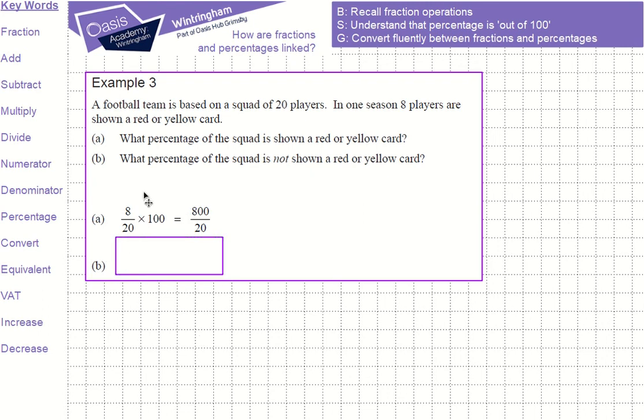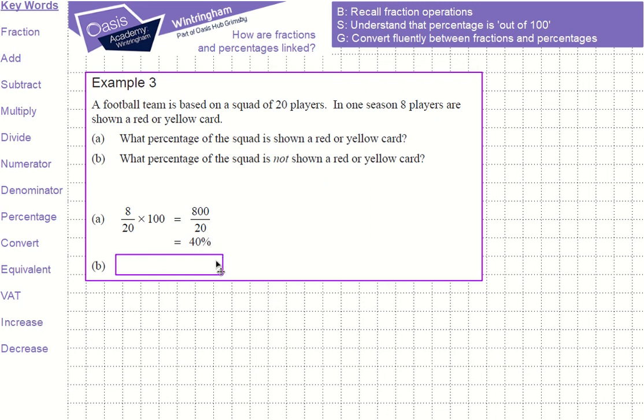But what we wanted is a percentage. So we need to convert this fraction into a percentage, and our method was multiply that by 100. So 8 over 20 multiplied by 100 will be 800 over 20. And that simplifies to 40%. 800 divided by 20 is 40.